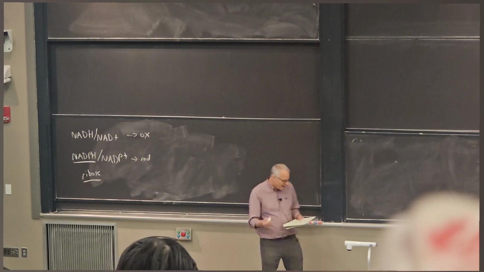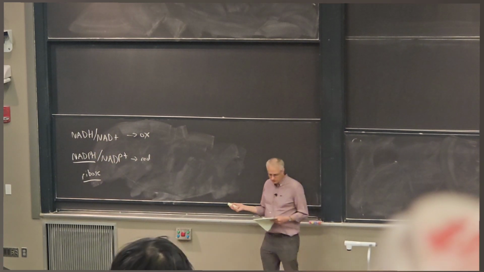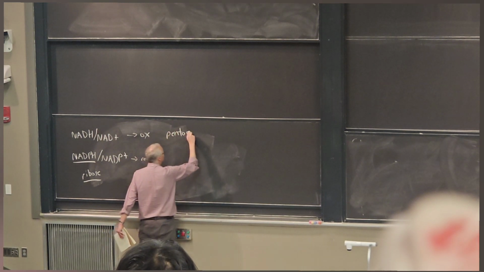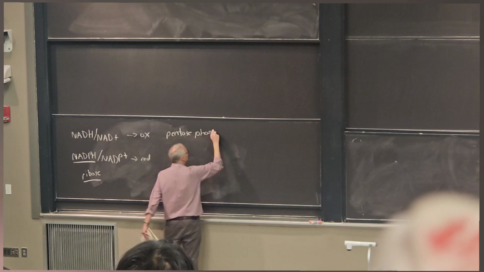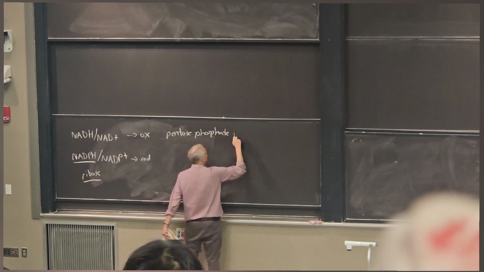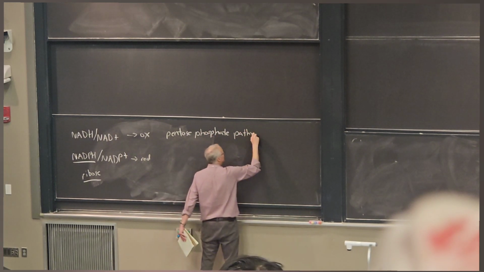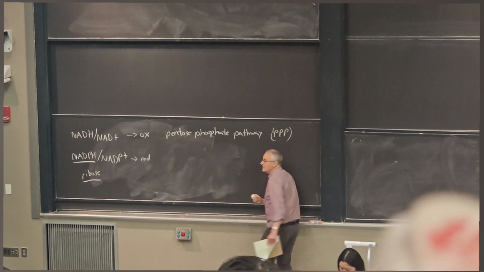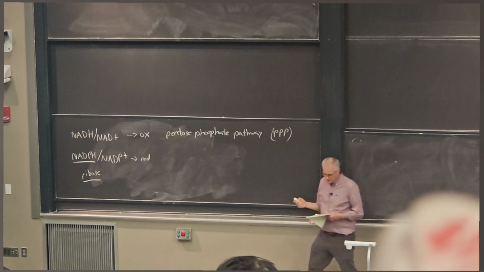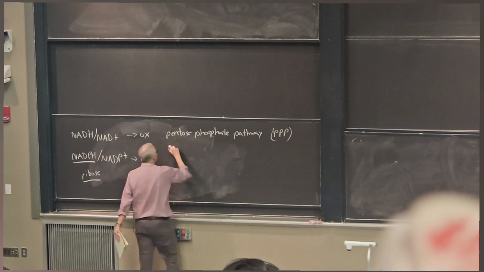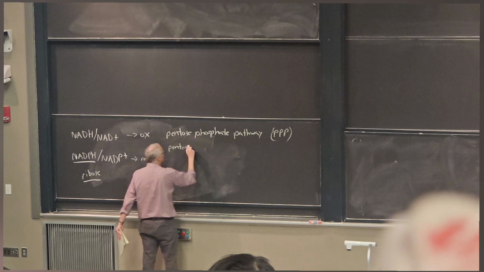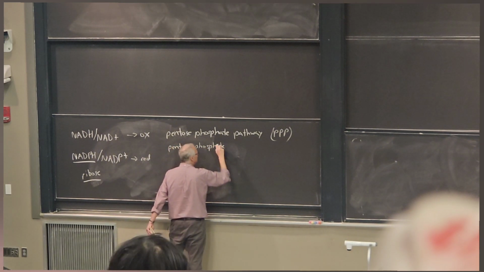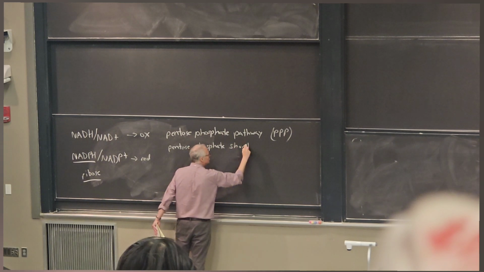Now, the pathway that is used to do this is something called the pentose phosphate pathway, which is often abbreviated the PPP, sometimes referred to as the pentose phosphate shunt.